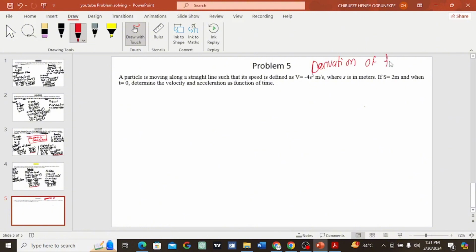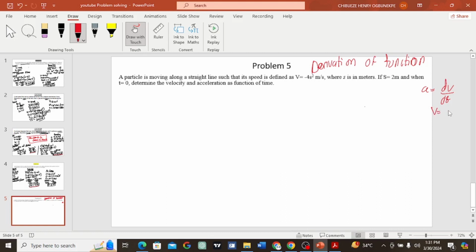Derivative of function. The formula for solving this problem will be acceleration equals dv over dt.